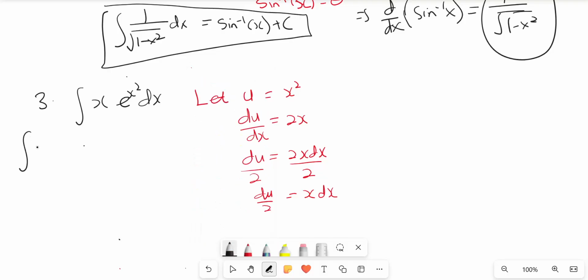So the integral of x e to the x squared dx, I can also write as the integral of e to the x squared times x dx.